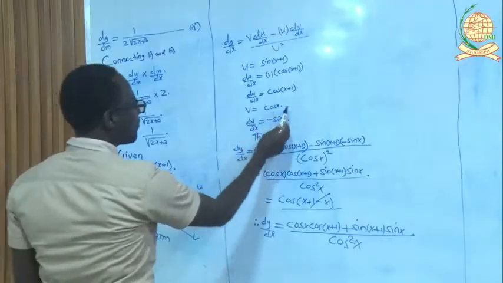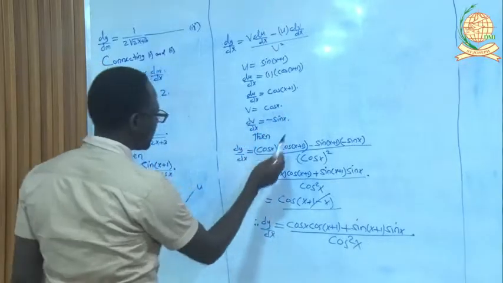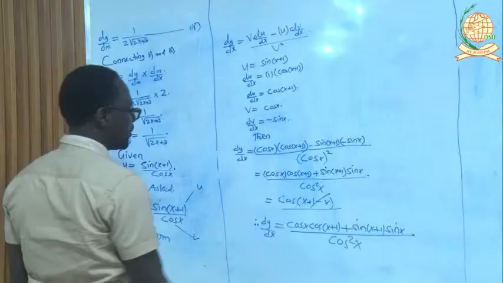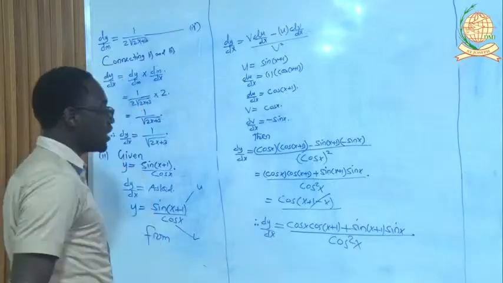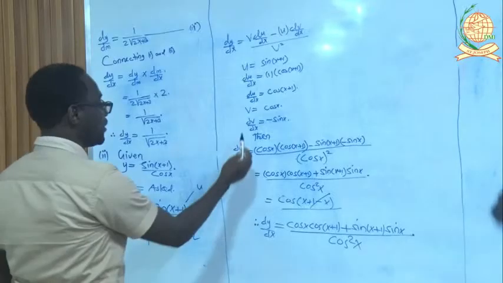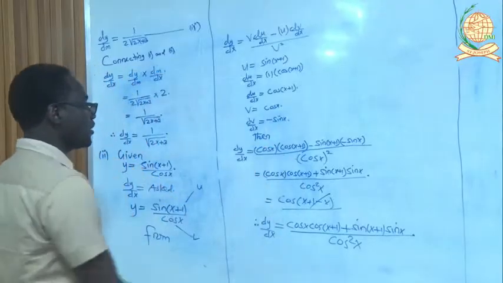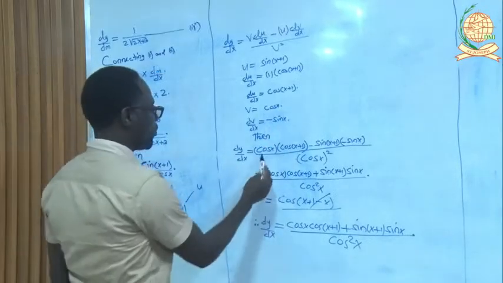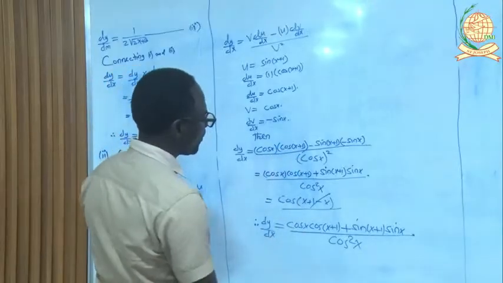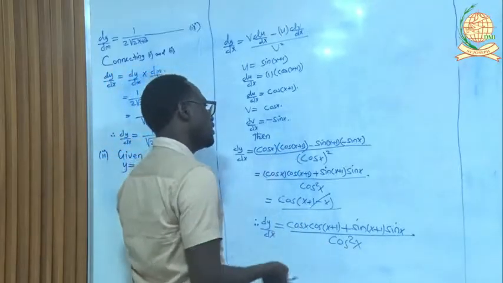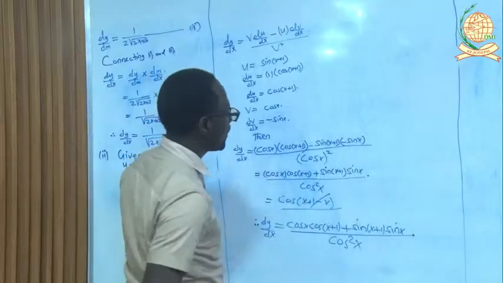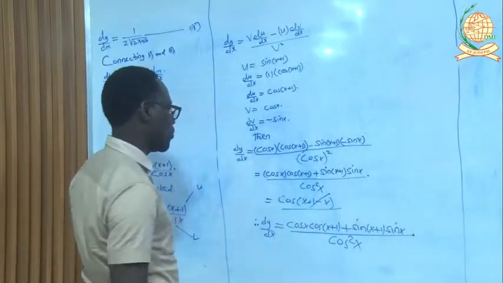Again, v is equal to cos x. Differentiate v with respect to x, we get dv over dx equal to negative sin x. Substitute into the formula, dy over dx will be equal to cos x in the bracket cos x plus 1, minus sin x plus 1 in the bracket negative sin x, all over cos squared x.